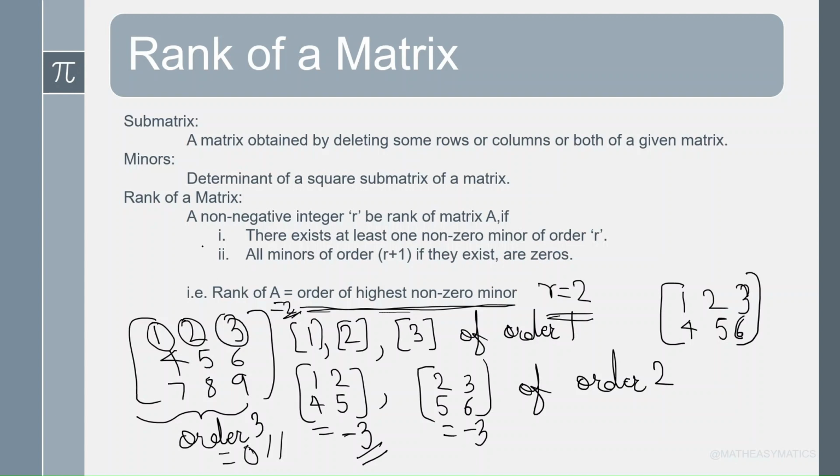So the first condition is satisfied. The second condition is all minors of order R plus 1, if they exist, are zero. So R is 2, R plus 1 is 3, and the minor of order 3 is 0. So this condition is also satisfied. So here the rank of the matrix is 2, which is the order of the highest non-zero minor.